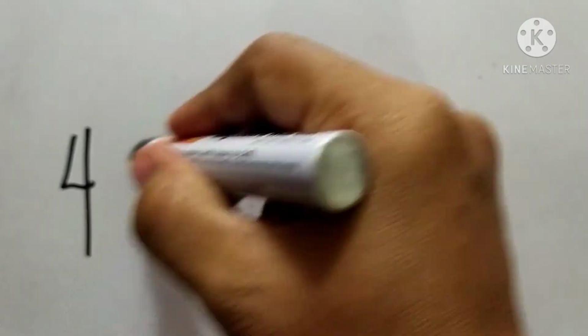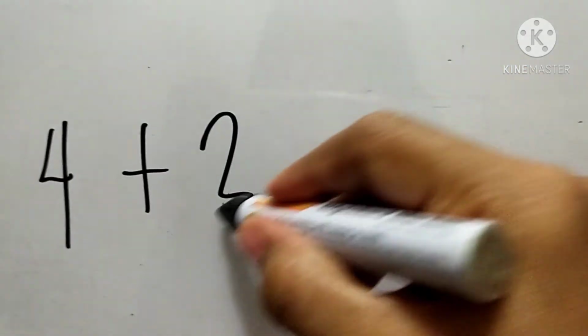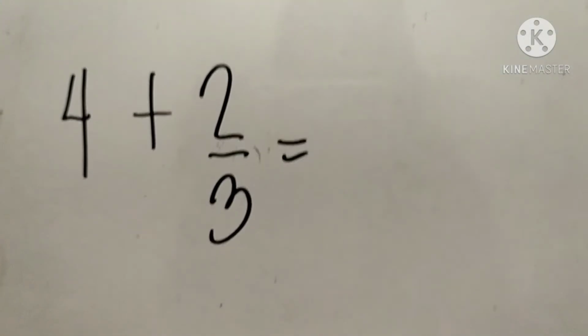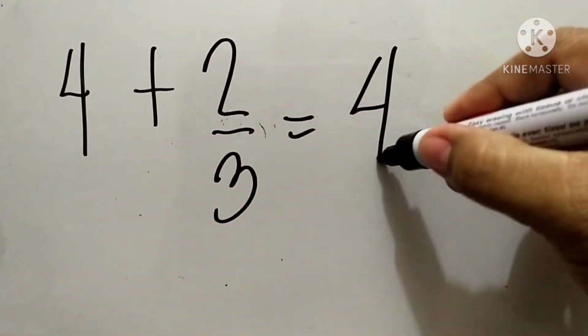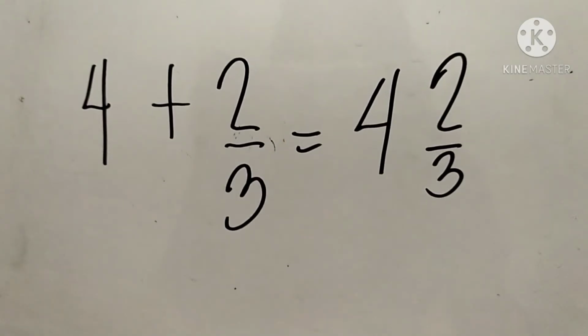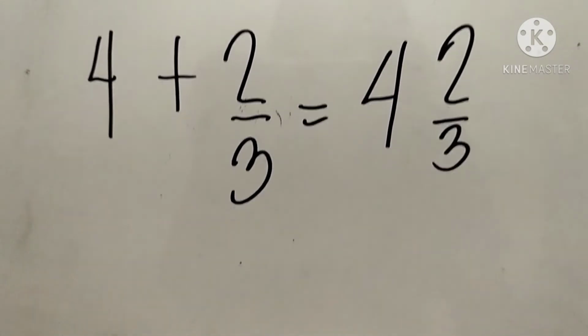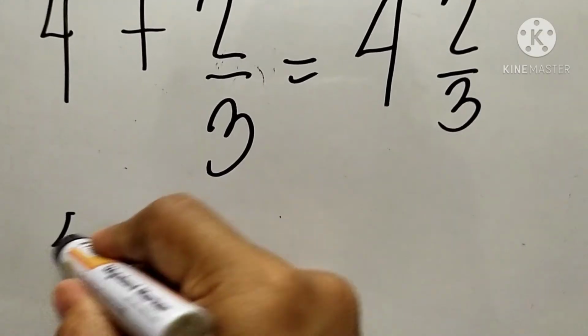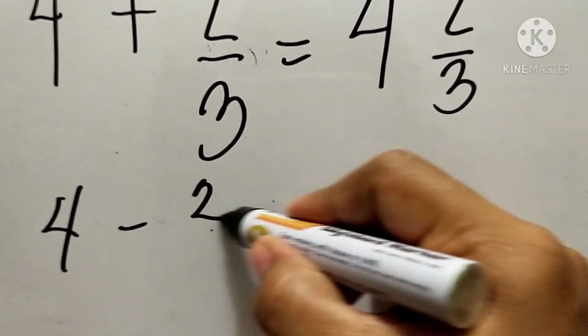What if the given is a whole number plus, for example, a rational number? For addition, you can just easily add the whole number and the rational number. Therefore, the answer is 4 and 2/3. But for subtraction, for example, you have 4 minus 2/3.